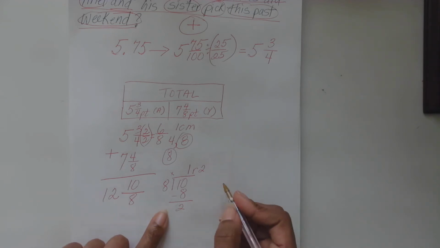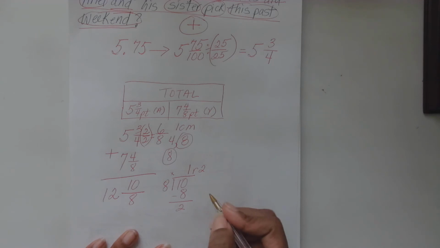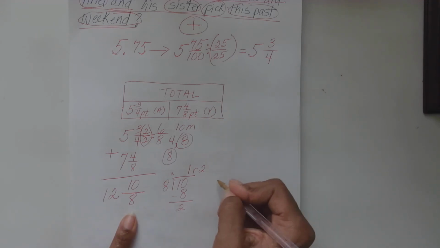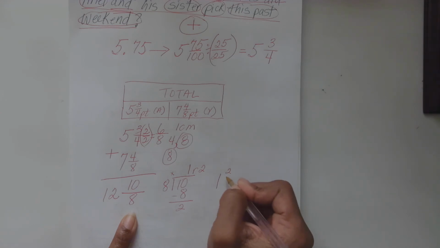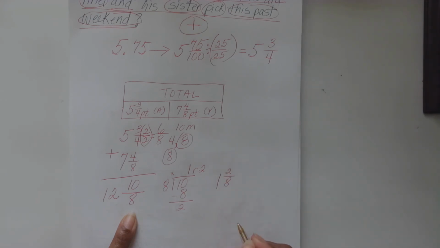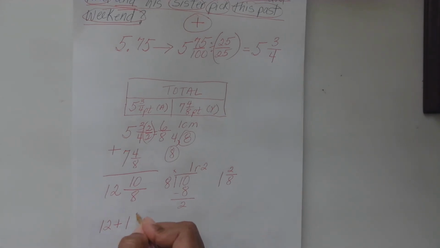But now we realize that we can write this as a mixed number. What I really have is one whole group of 8 and 2 out of the 8 needed to make another whole. So instead of 10/8, I now have 12 and another 1 and 2/8.